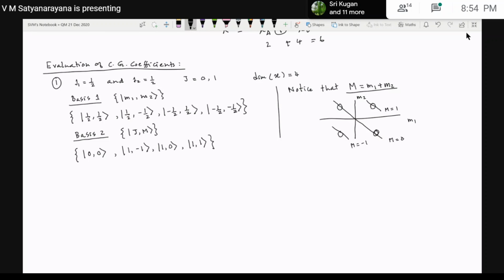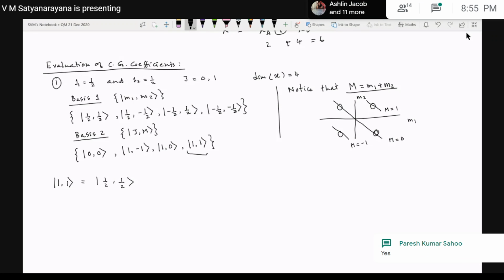Once I do this, it is somewhat simple, because capital M equal to 1 is there only in this particular state. So this tells you that the state 1 comma 1 is simply half comma half.